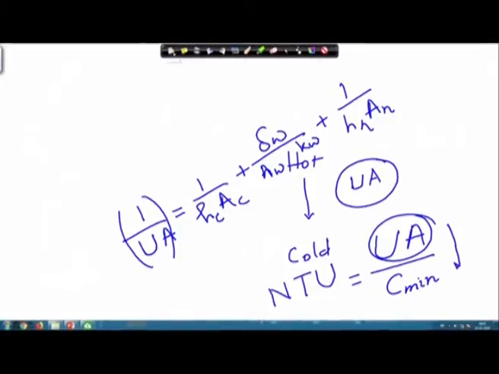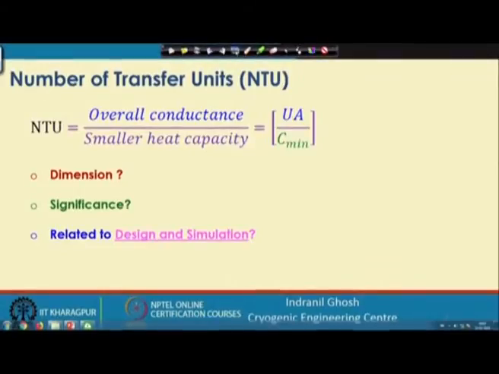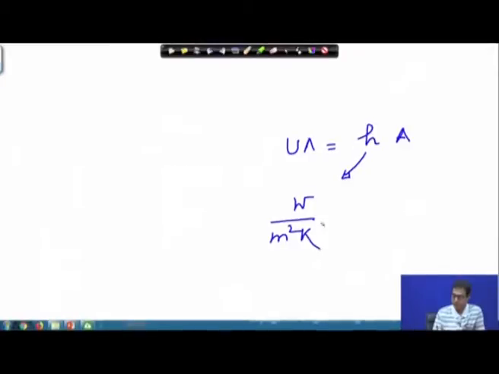Now, if we look into the overall dimension of this number, it is very easy to find out. UA is nothing but the dimension of H and A. The heat transfer coefficient is watt per meter square Kelvin, and the area is in meter square.